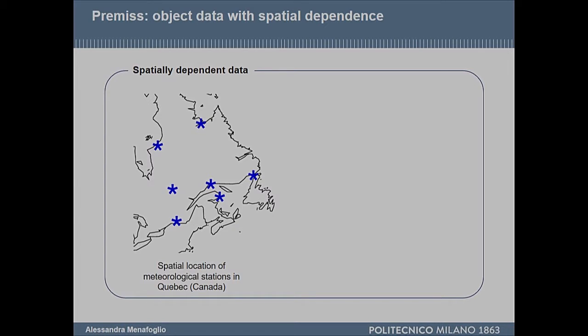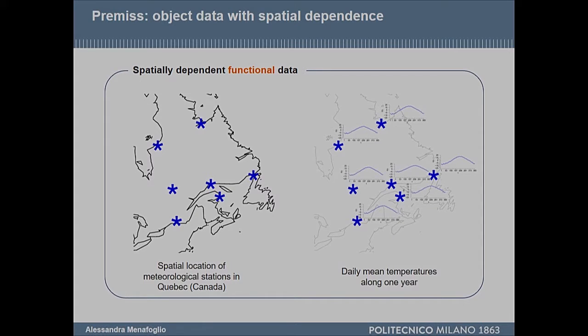So what do we mean by object data with spatial dependence? Now imagine that we have a spatial domain, like this region of Canada, in which we have some observations at some locations. Now, the locations in this case might be meteorological stations, but they might be wells or some other kinds of spatial locations.